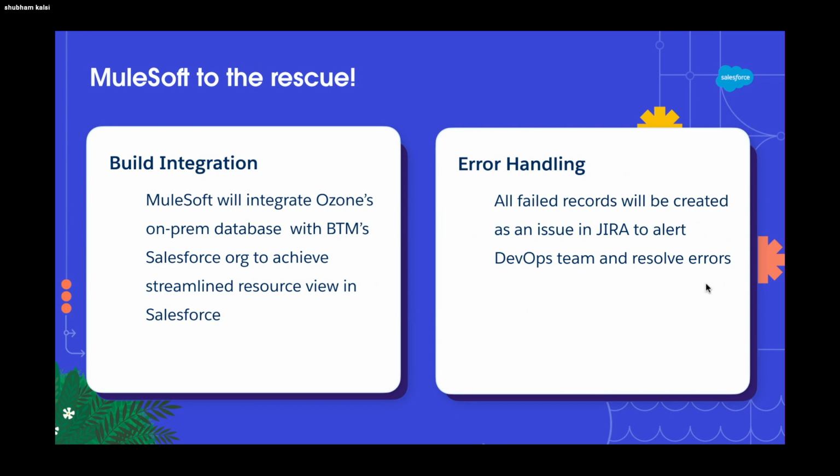So for MuleSoft, we will be building an integration which calls Salesforce as well as Jira. We will be utilizing the connectors that MuleSoft has, and we will be building an error handling mechanism as well to track failures.